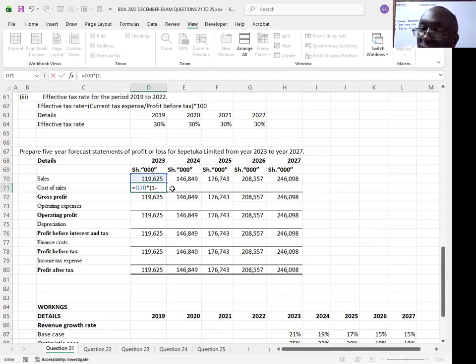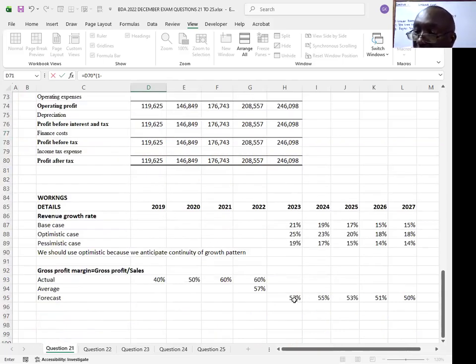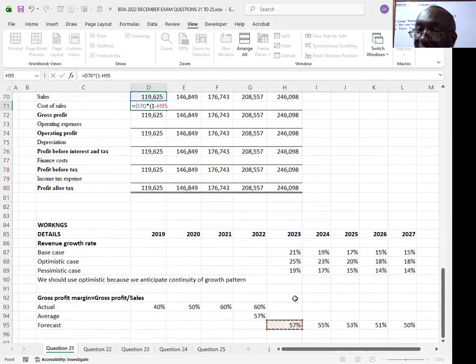That's how you get it. So tukuje tuchukue hii 57. You close the brackets. The cost of sales will be 1 minus the gross profit margin ratio.